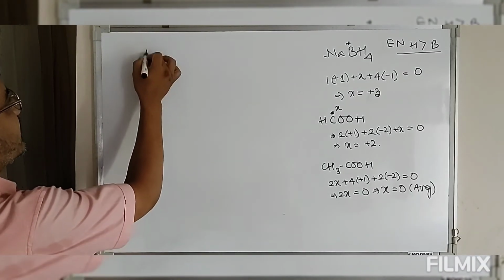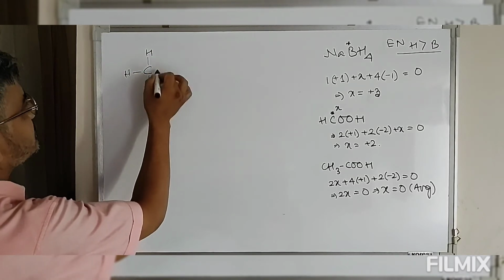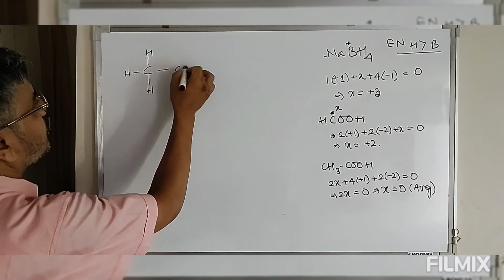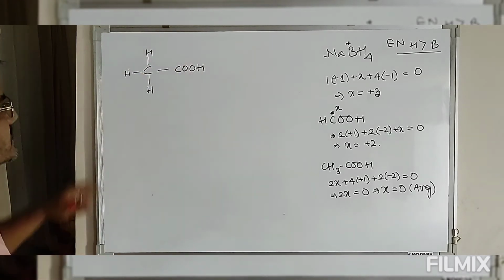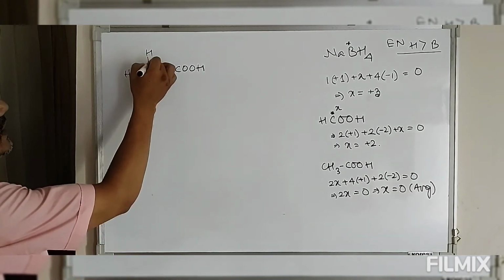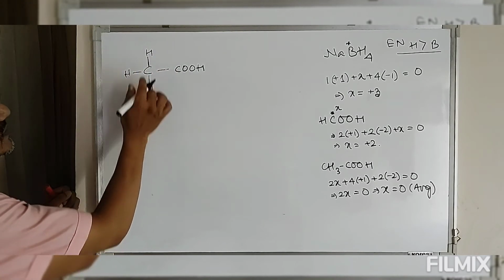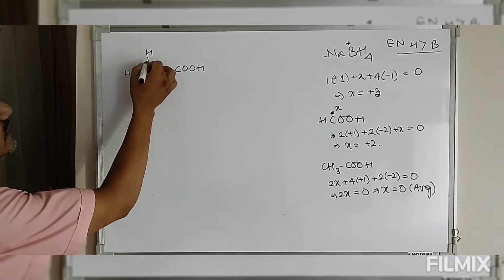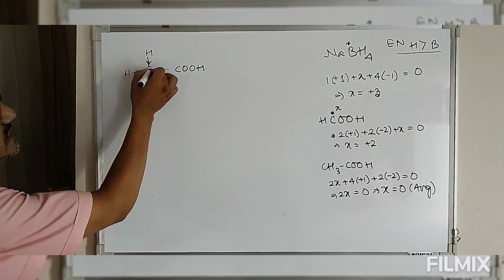See the first carbon, with hydrogen, hydrogen, hydrogen, then COOH. Now let's find the oxidation state of this first carbon. Carbon is more electronegative than hydrogen. So when carbon is more electronegative than hydrogen, these electrons will be transferred towards carbon.